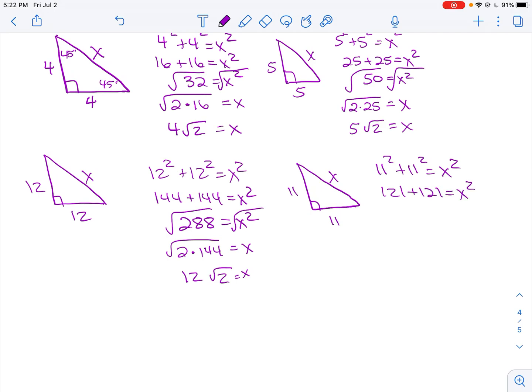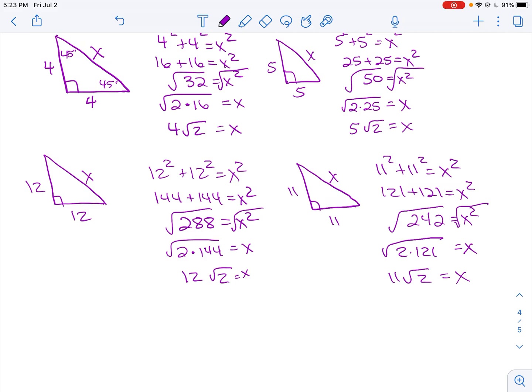Okay? Then I'm going to get 242 equals x squared. I take the square root of both sides of the equal sign. This is the same thing as saying 2 times 121. When I do that, I get 11 radical 2.